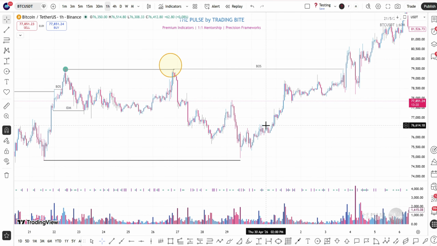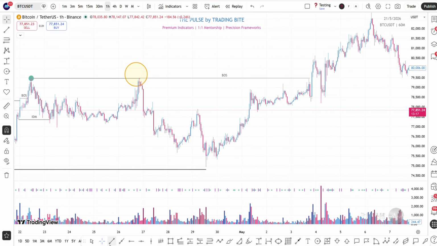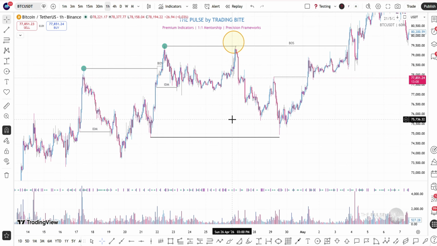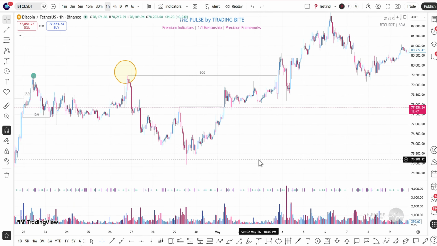Because break of structure can happen this way, and here it has taken the previous liquidity, but that is an internal swing. Our highest point was this one, and then this one, and between them was our liquidity. So we have to memorize the rules for a valid break of structure. I hope you have gained sufficient knowledge about break of structure. We will see you next time with another video.